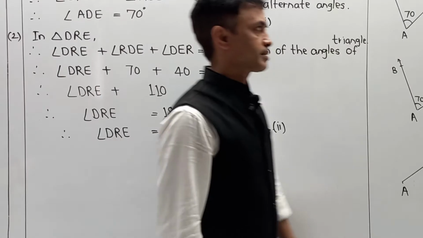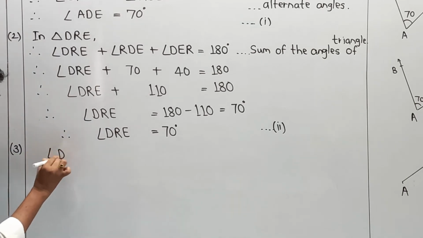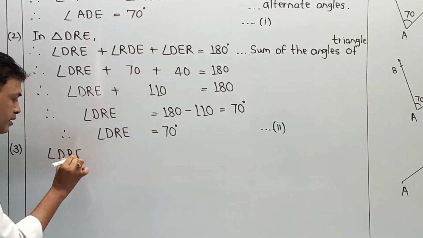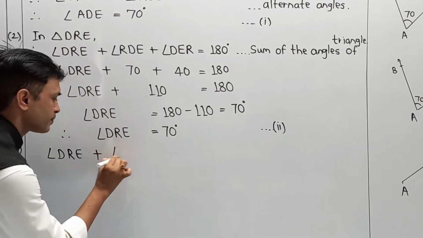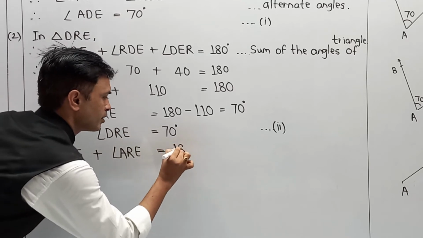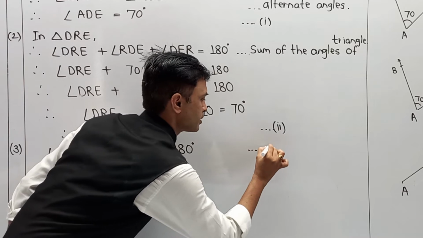So the third part: angle DRE plus angle ARE is equal to 180 degrees. Reason: linear pair angles.